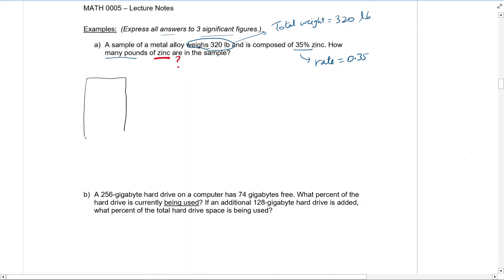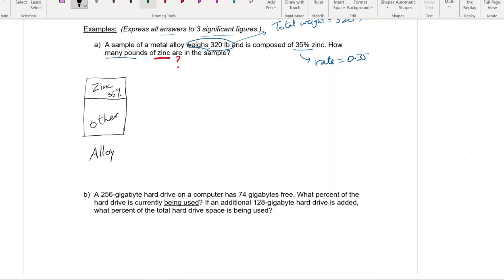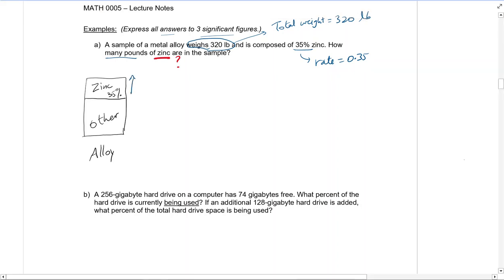So you have a mixture of different metals, and from here they're saying 35% is zinc and the rest 65% is the other metals, and our goal is to find what is the amount of zinc.